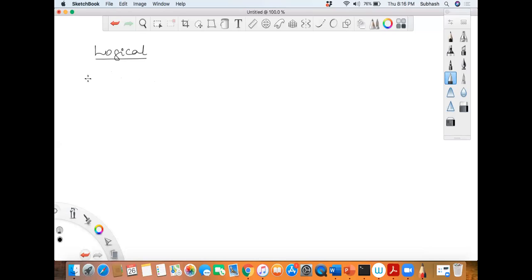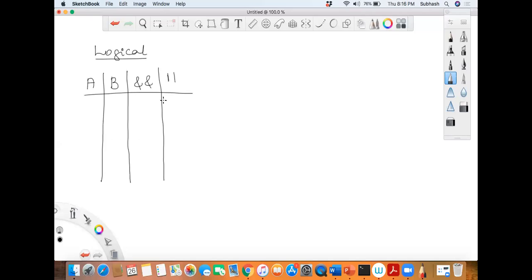So let me put the truth table first. A, B, and this is the logical and operator, logical or operator. A and B is the input, and you have the and operator and or operator. Now, I will make it as false, false. In C language, if you have ever learned it from me, I used to say 0 and 0.